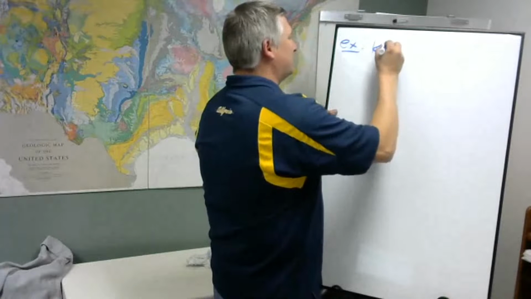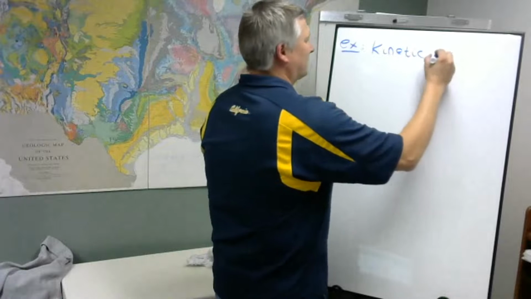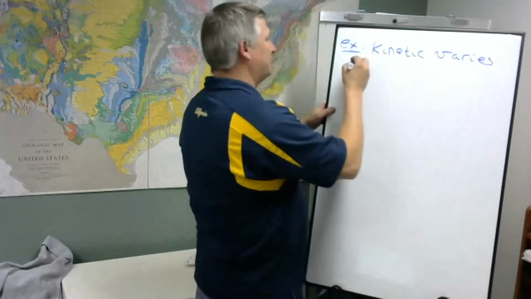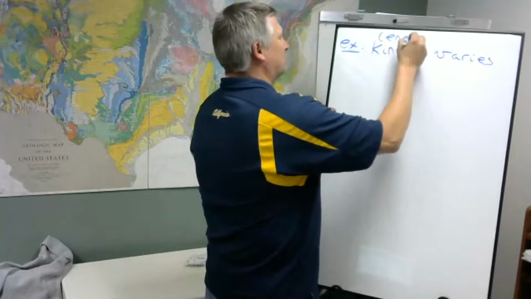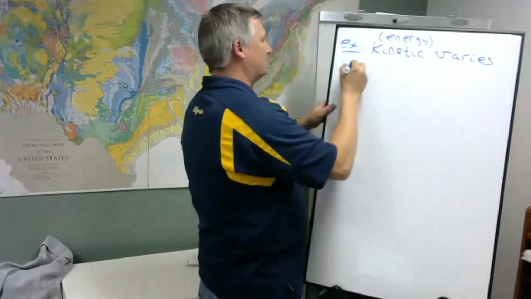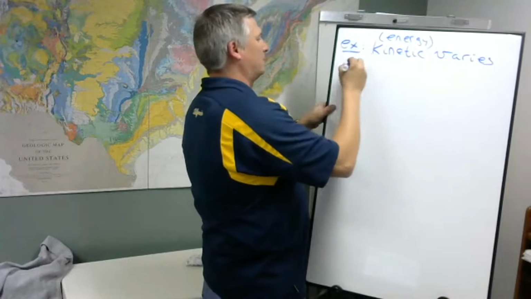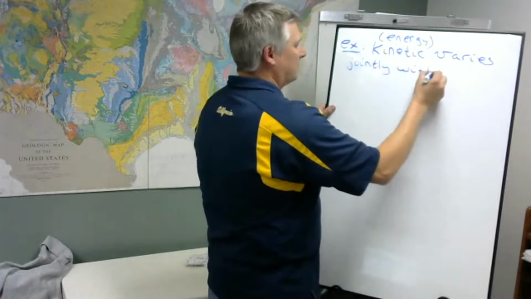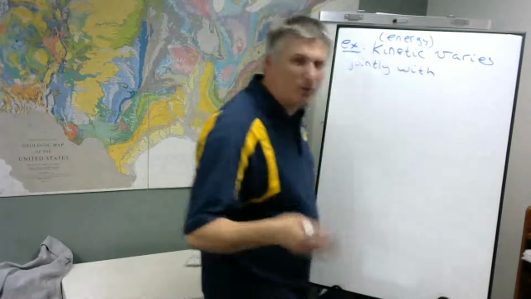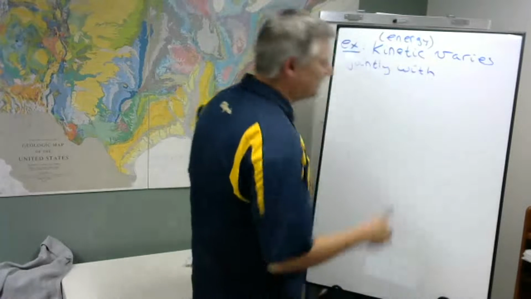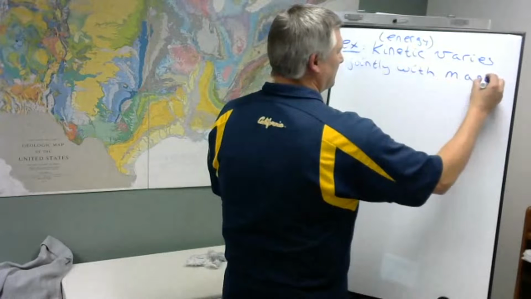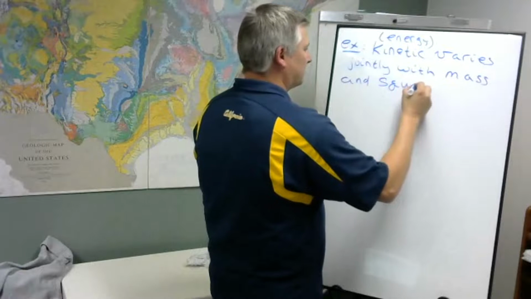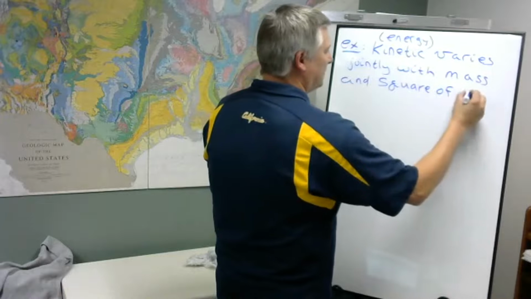So kinetic energy varies jointly, this is energy, with, and they throw a little more into this one, mass, and here's the extra bit, the square of velocity.